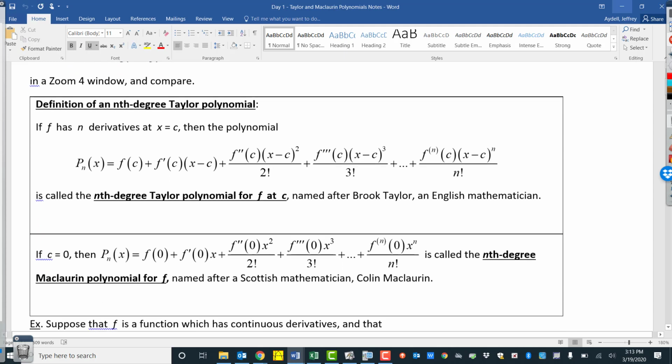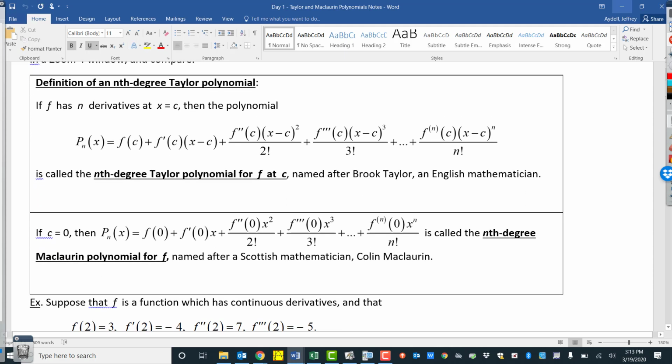So we start with the definition of an nth degree Taylor polynomial.